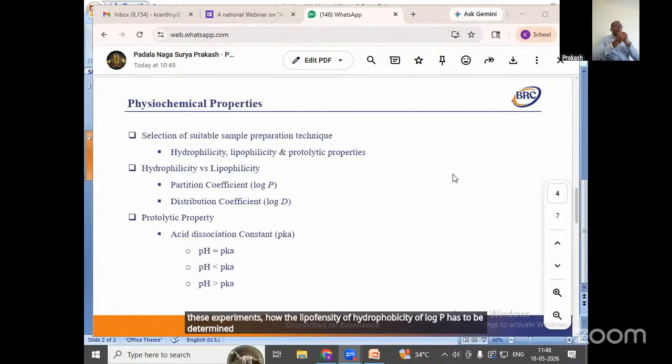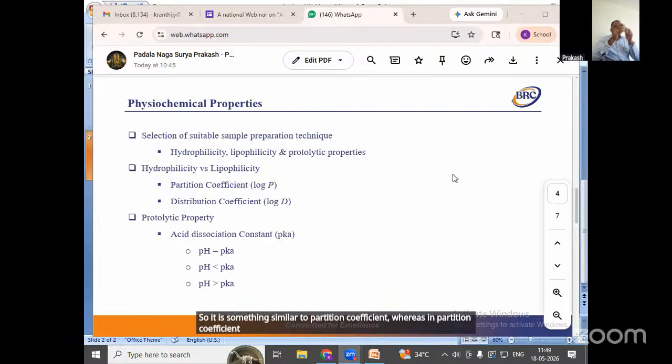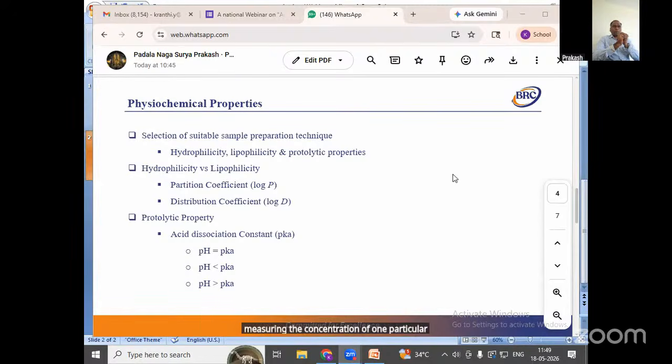So coming to the distribution coefficient. It is similar to the partition coefficient, whereas in the partition coefficient we discussed measuring the concentration of one particular form of a molecule, that is, the unionized form.